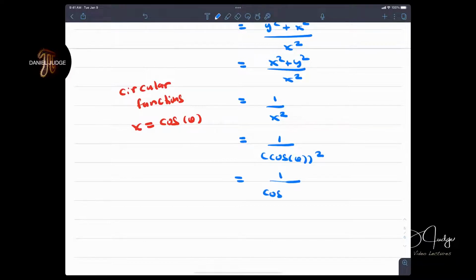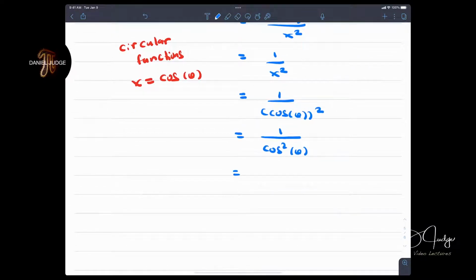That gives me 1 over cosine squared theta. At this point, you might say, I don't know what that is. Well, believe it or not, this is the same as 1 over cosine theta, to the second power.